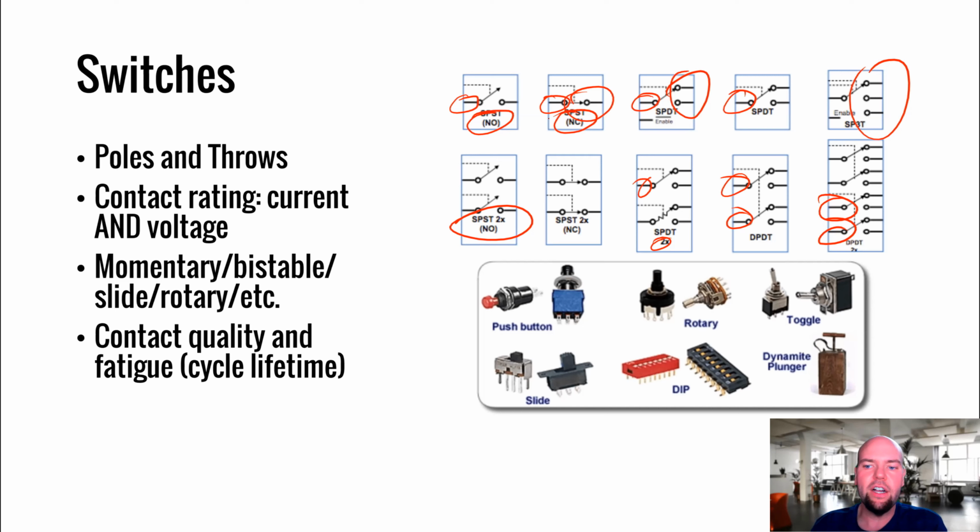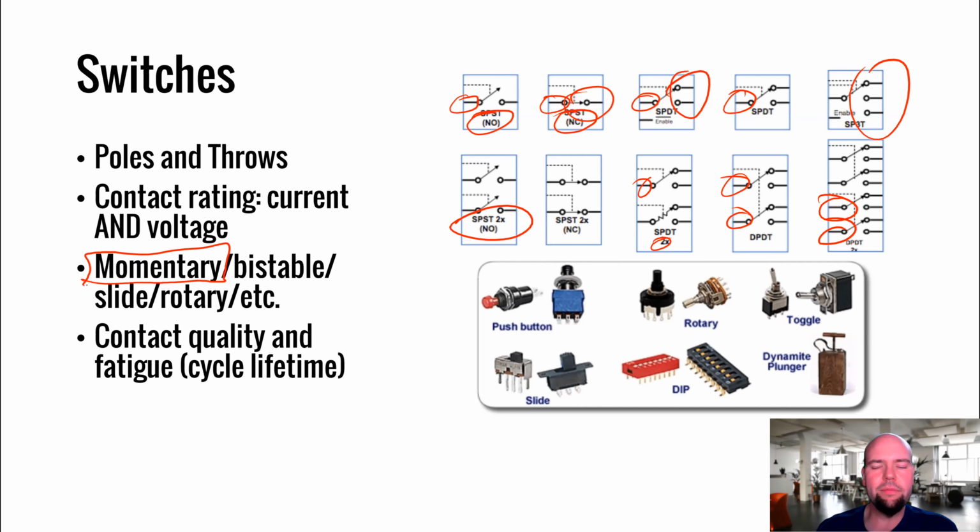Sometimes it's momentary contact. Momentary contact means when you push the switch, it only stays in that position as long as you're holding the switch down. But normally open and normally closed just refers to, is the circuit normally an open circuit or normally a closed circuit? It's fairly straightforward.